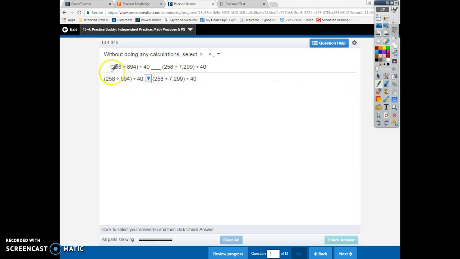Again, let's see what is the same. 258 here, 258 here, divide by 40, divide by 40. This one I'm only adding 894, this one I'm adding 7,299. So when I add these two together, I'm going to get a bigger number to divide by 40 compared to here, which will give me a smaller number divided by 40, which means the first expression will be less than the second expression.